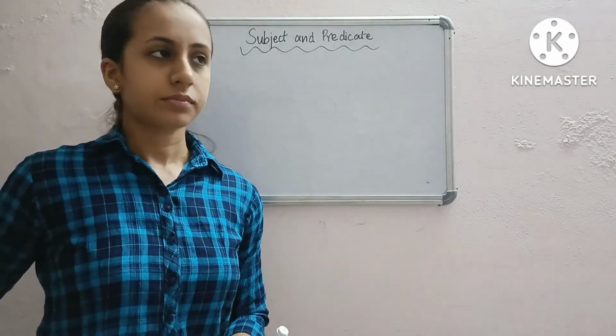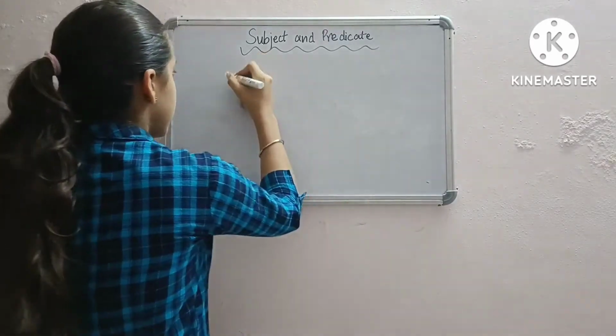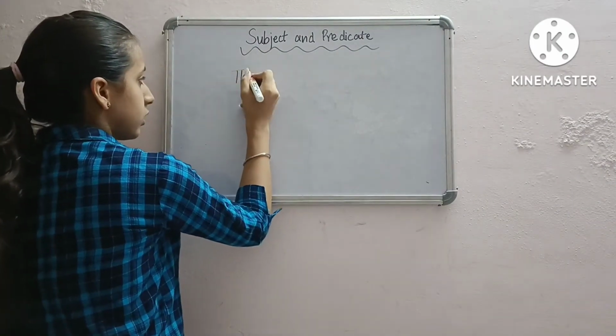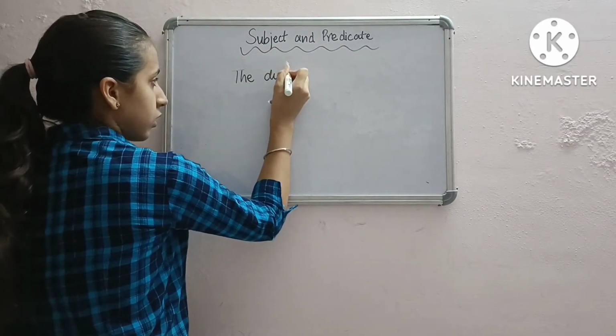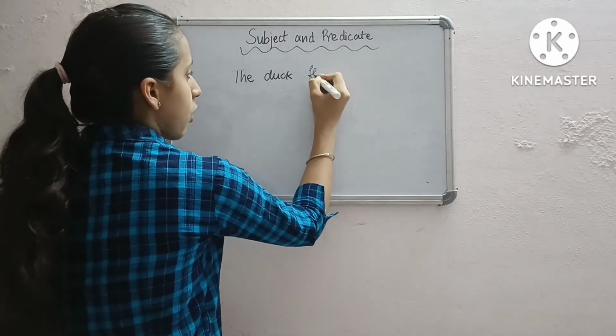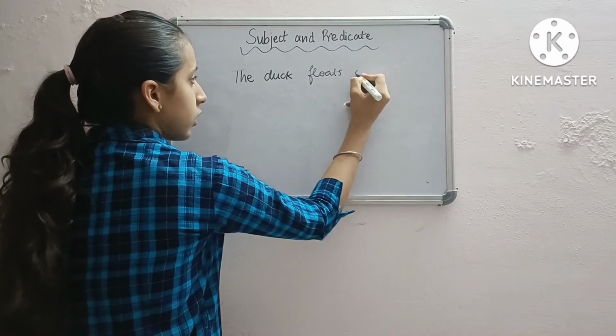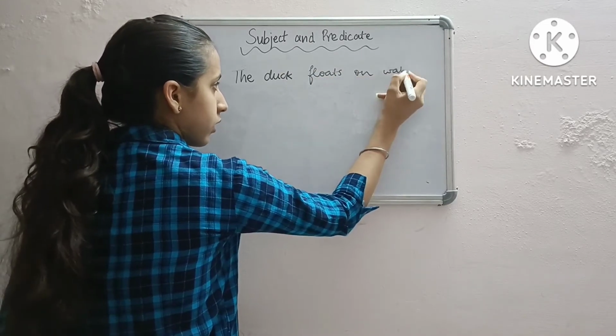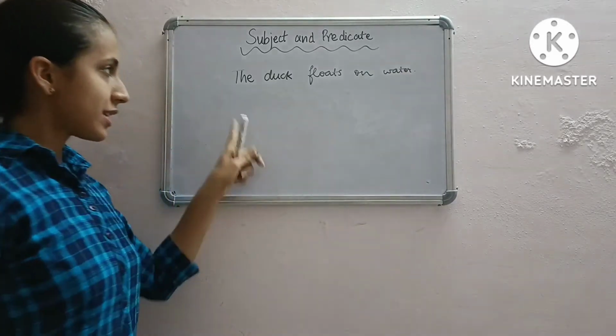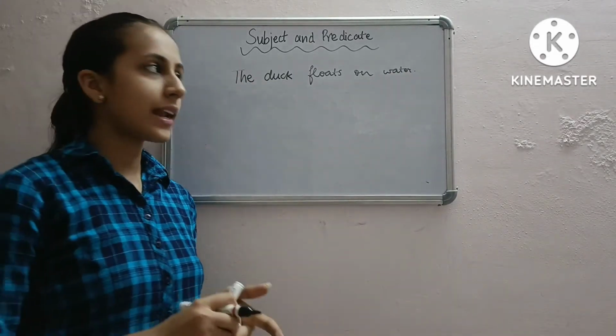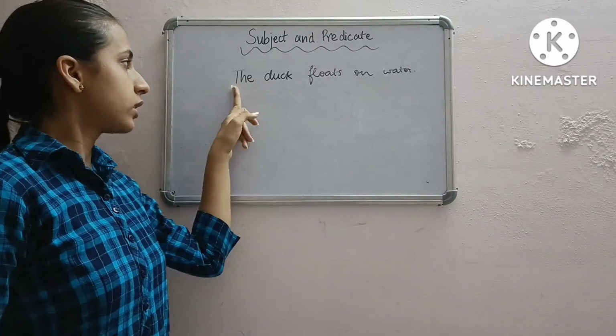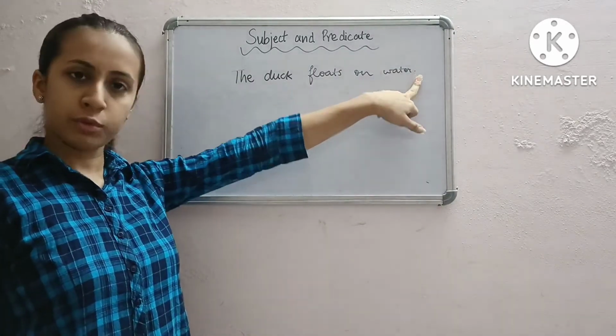It is just that the duck floats on water. So you can very well see it's a simple and complete sentence, beginning with a capital letter and ending with a full stop.